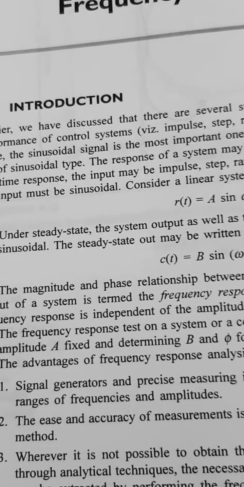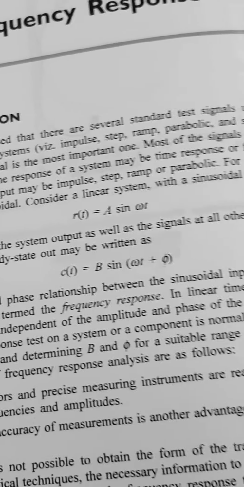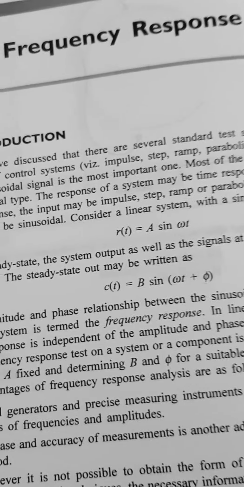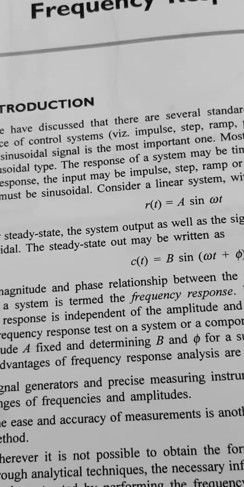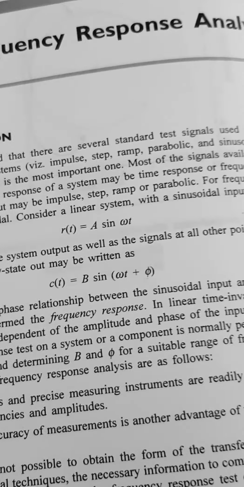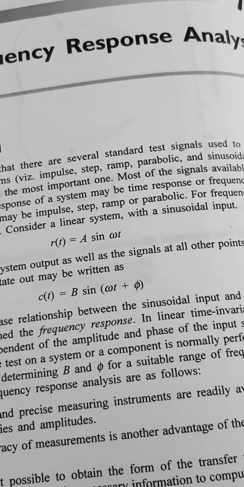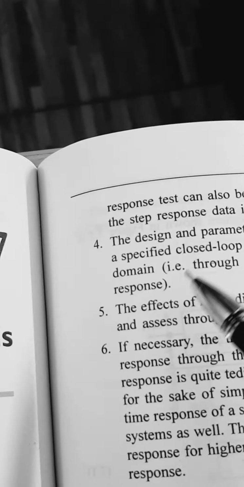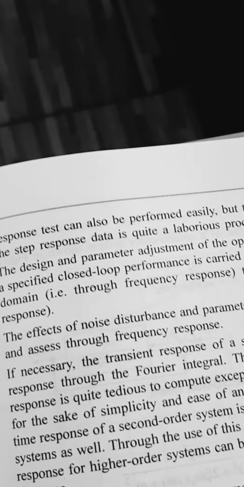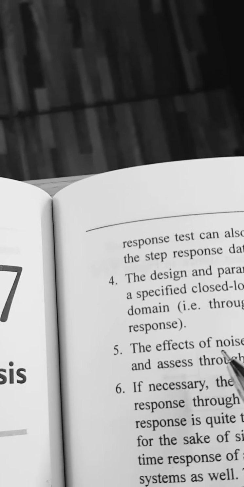Wherever it is not possible to obtain the transfer function of a system through analytical techniques, the necessary information to compute it can be extracted by performing the frequency response test on the system. The fourth one: the design and parameter adjustment of the open loop transfer function of the system for a specified closed loop performance is carried out somewhat more easily in the frequency domain than in the time domain.